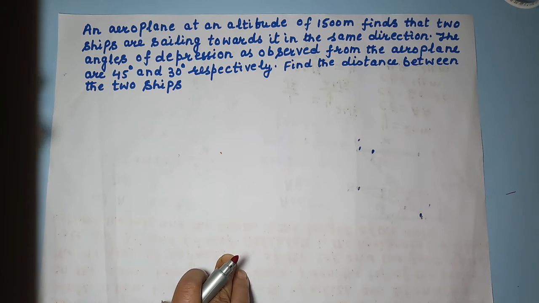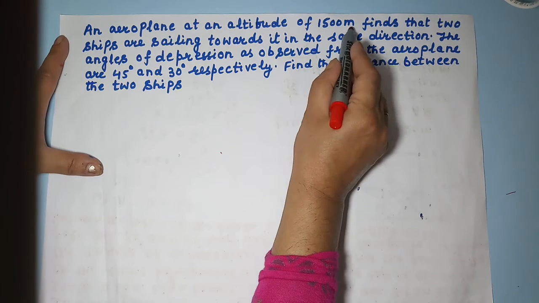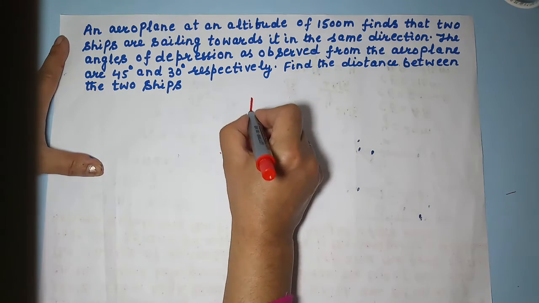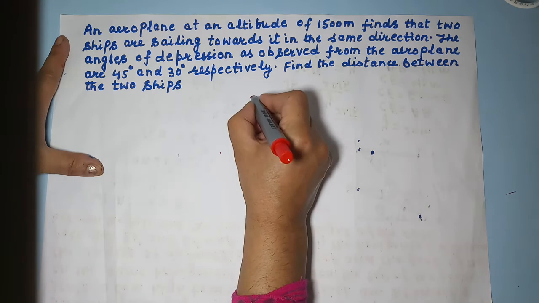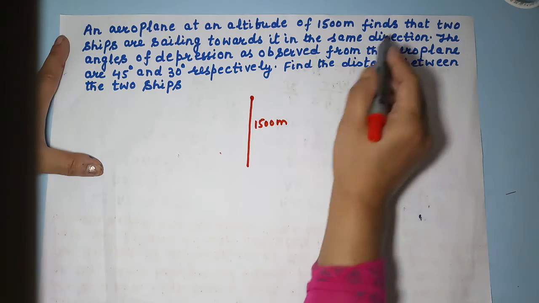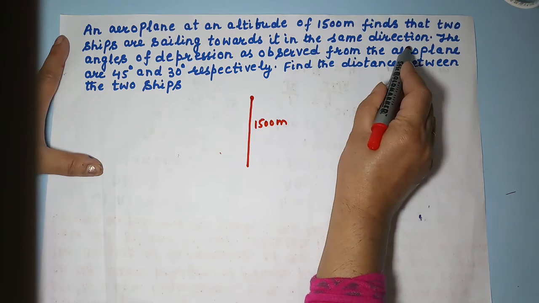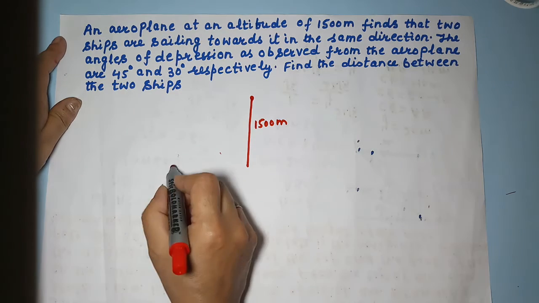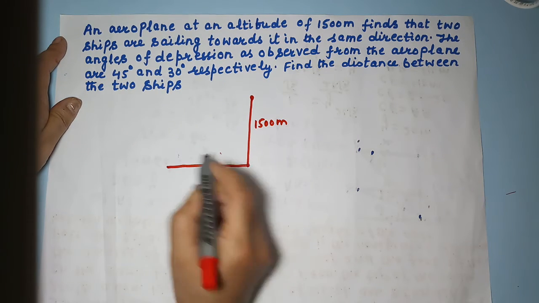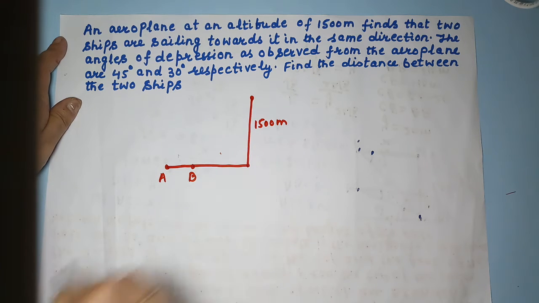Here it is saying that an aeroplane at an altitude of 1500 meters, so the aeroplane is flying at a height of 1500 meters from the ground, finds that two ships are sailing towards it in the same direction. So let's say that this is ship A and this is ship B, right?